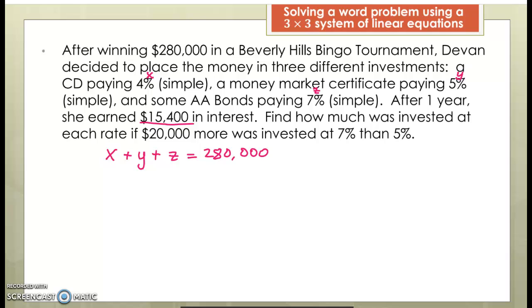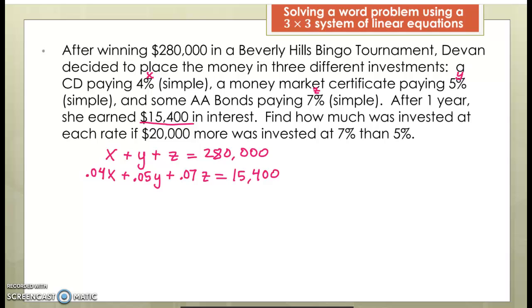So after a year, the amount of interest earned on account X is going to be 4% of the amount we put into X. The amount of interest earned on account Y is going to be 0.05 or 5% of the amount we put into account Y. And then into account Z, we put Z amount, but it earns us 7% interest. And then all of those interests added up was $15,400.